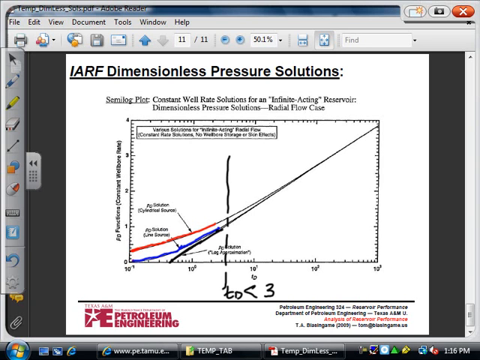So you see the differences for TD less than 3, and when you compute the T from TD less than 3, you will see that T will be very small as well. So this tells you that the logarithmic approximation for the pressure solution is a good approximation, and you use that for all cases in future, okay?